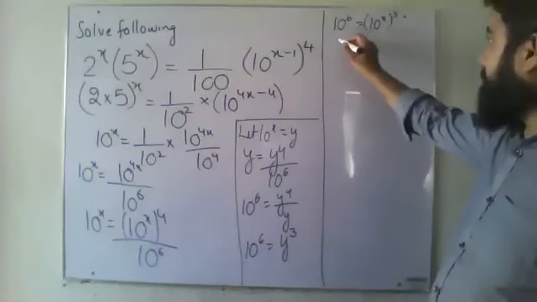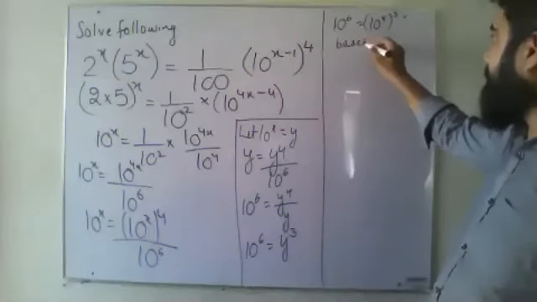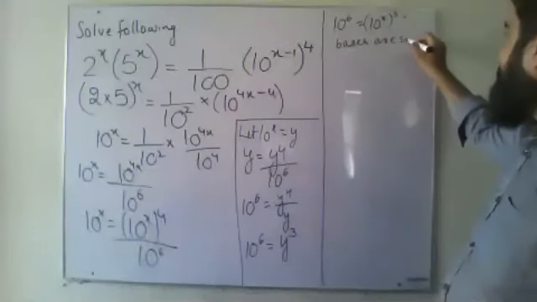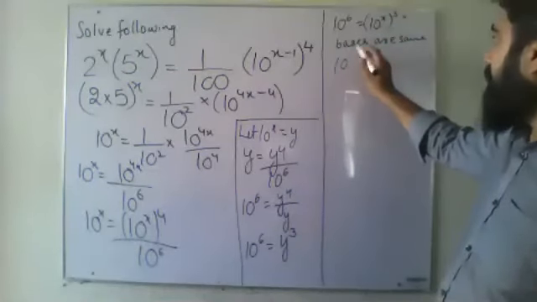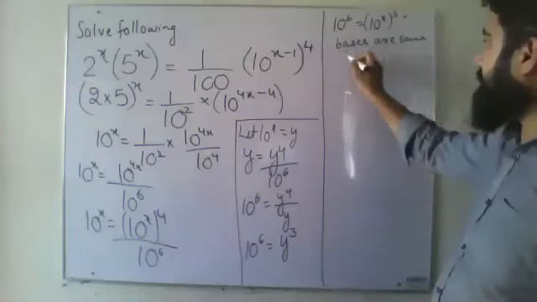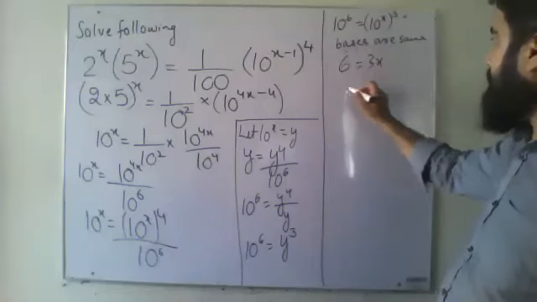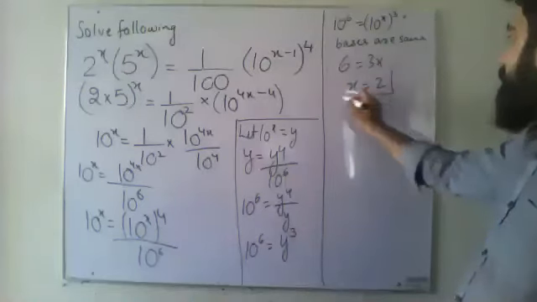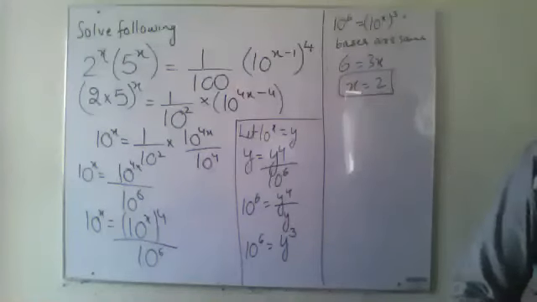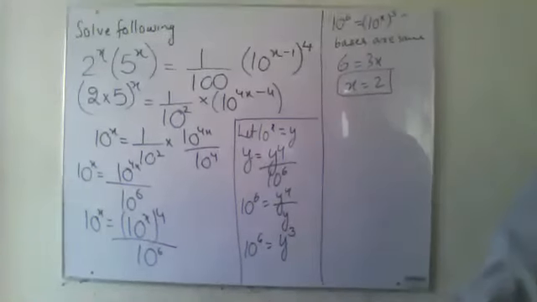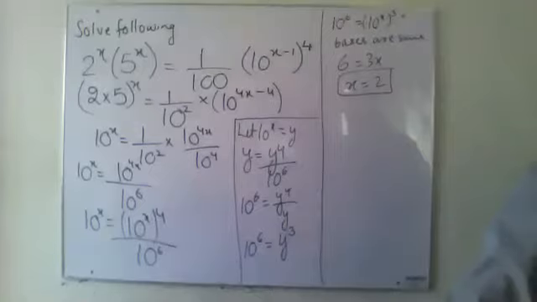Okay, bases are same. Bases are same. So what will happen? This will be 6 equals to 3x and x will be equals to 2. This is how you are going to do it with substitution method.